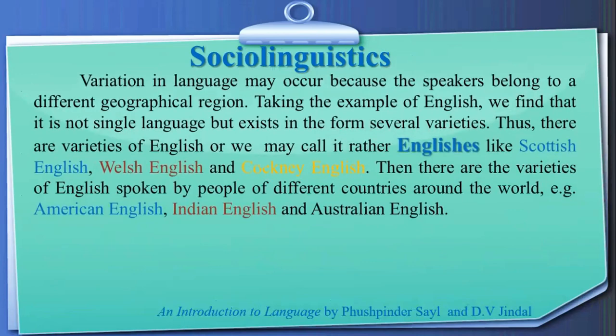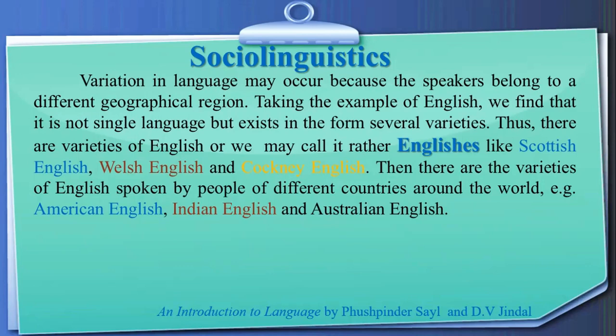When we talk about variations in language, they may occur because the speakers belong to different geographical regions. Taking the example of English, we find that it is not a single language, but exists in several varieties. So when we talk about language, it may have various varieties, and the example is the English language.